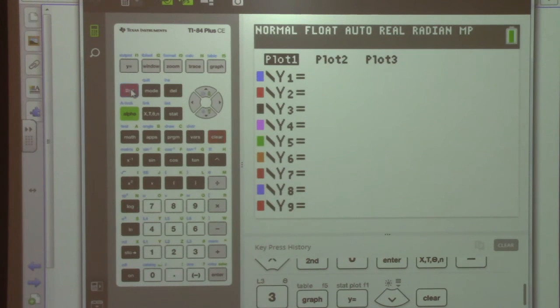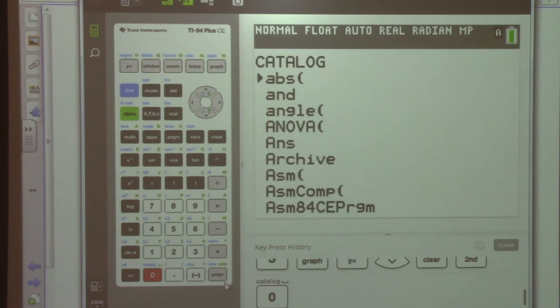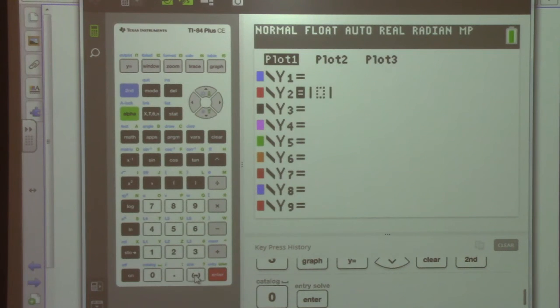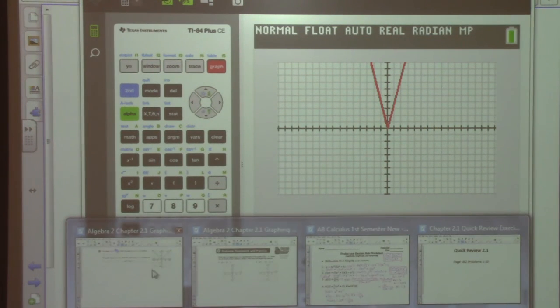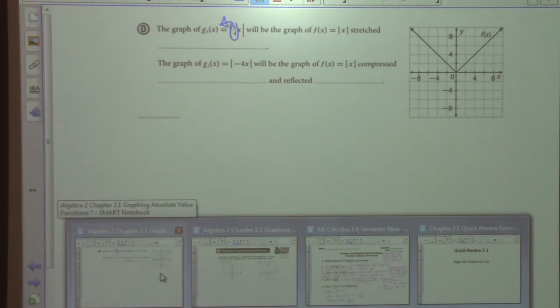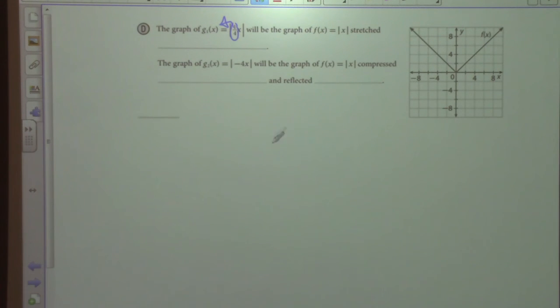So we go absolute value of -4x. Does it change everything positive? Yeah. See? So just watch out for that. You could pull the 4 outside.